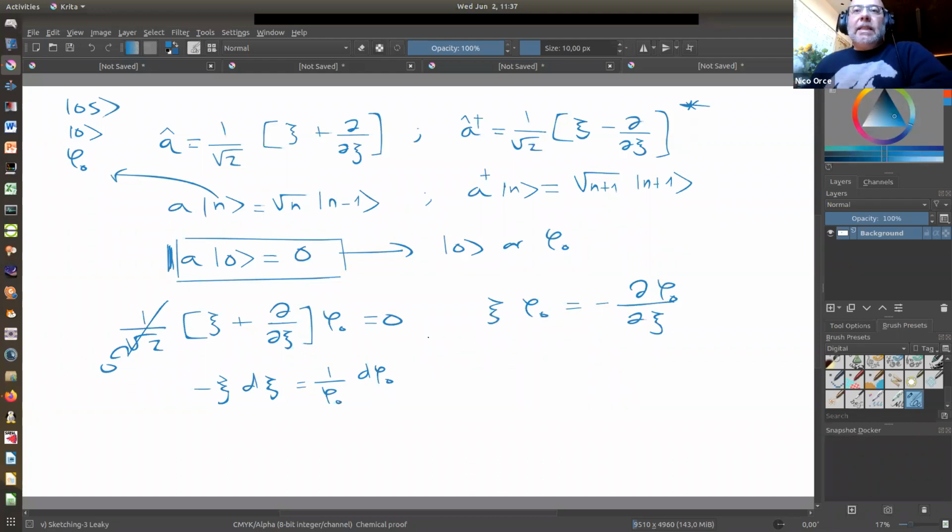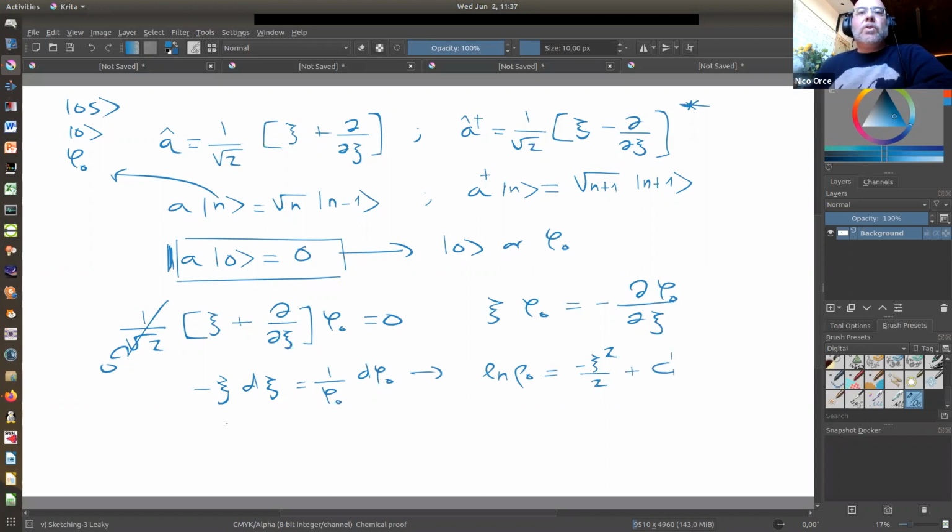Now this has a very easy solution: the natural log of rho naught is going to be equal to minus psi square over 2 plus a constant.